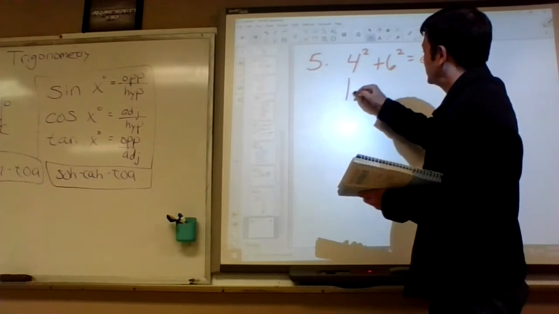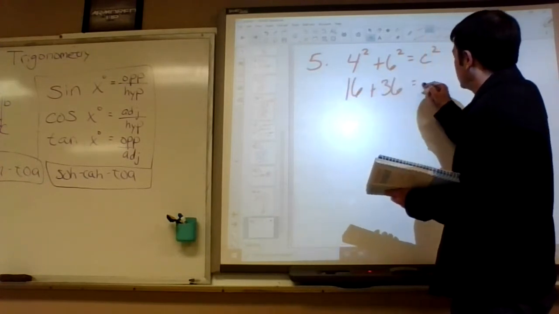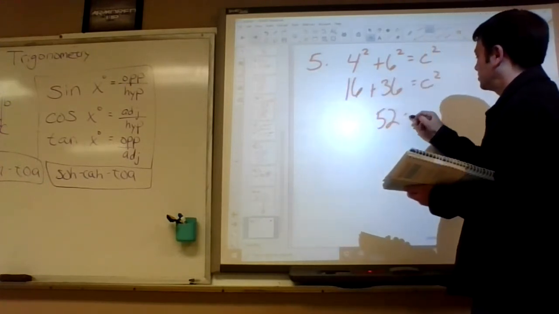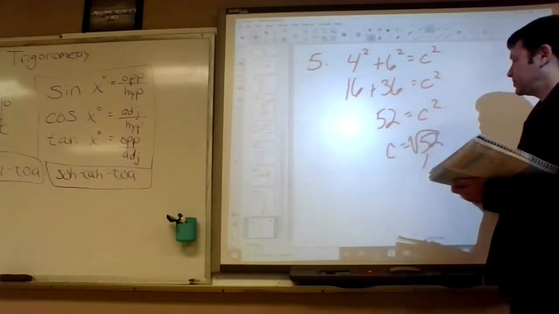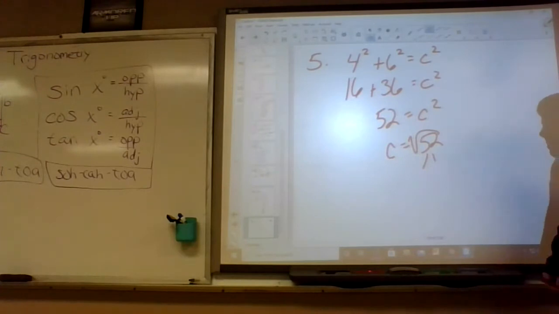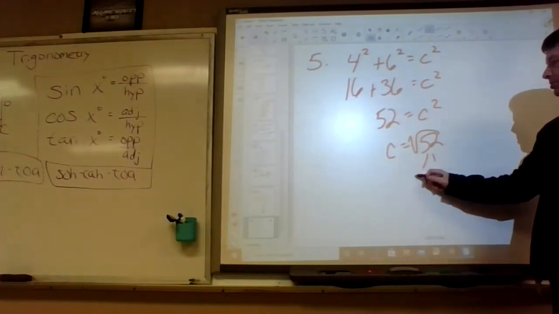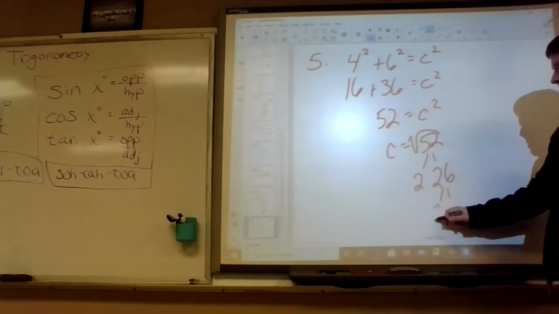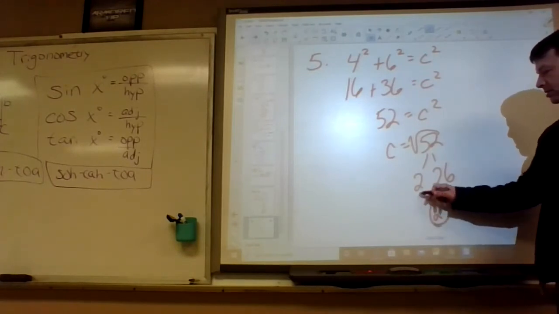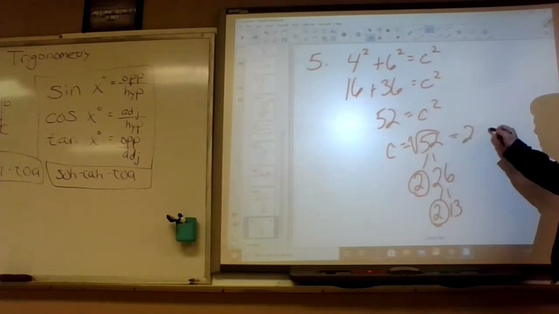So that would be 16 plus 36 is 52. So what is the square root of 52? What for sure goes into 52? 2 and 26. 2 goes into 26. 2 square root of 13. So it's 2 square root of 13.